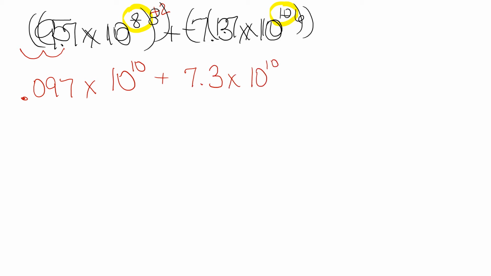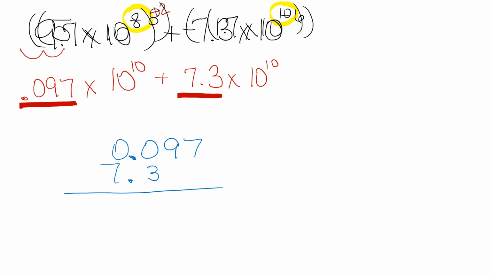Now you're ready to line up your front factors. So we have our 0.097. Line up your decimals, so 7.3. This is addition, so the largest number does not have to go on the top. If it were subtraction, make sure you get them lined up properly with the largest number on top.